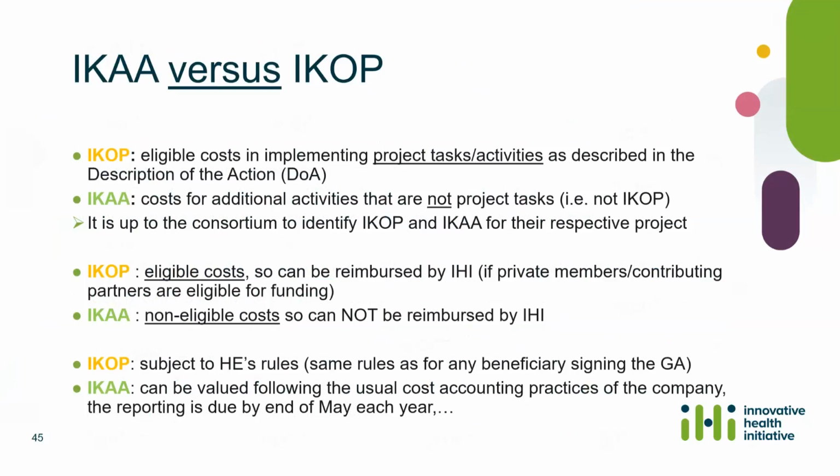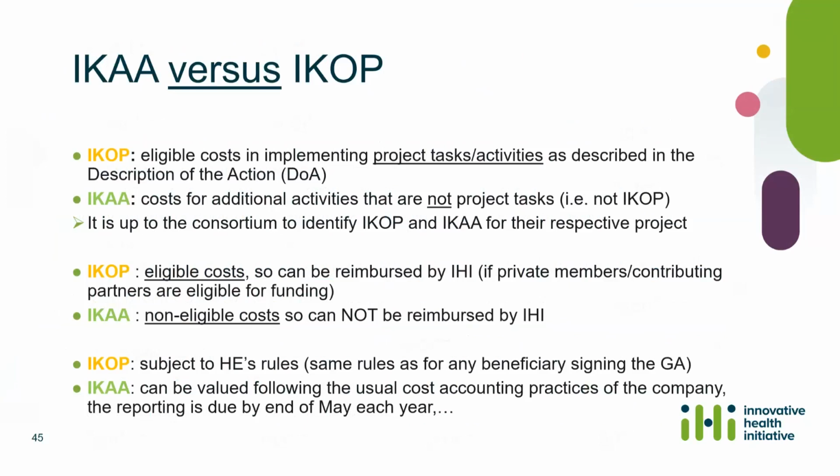Another difference is the fact that ICOP are eligible costs, so the cost can be reimbursed by IHI, of course, if the entity is eligible for funding, while IKAA are non-eligible costs, so they cannot be reimbursed by IHI. And a third difference is the fact that ICOP is subject to the rules of Horizon Europe, just like any other beneficiary signing the grant agreement, while IKAA is a bit different.